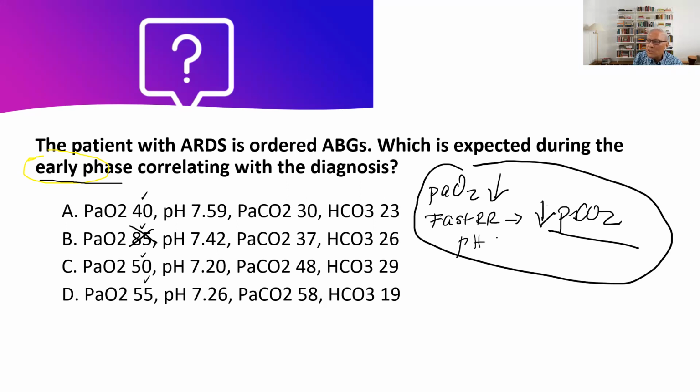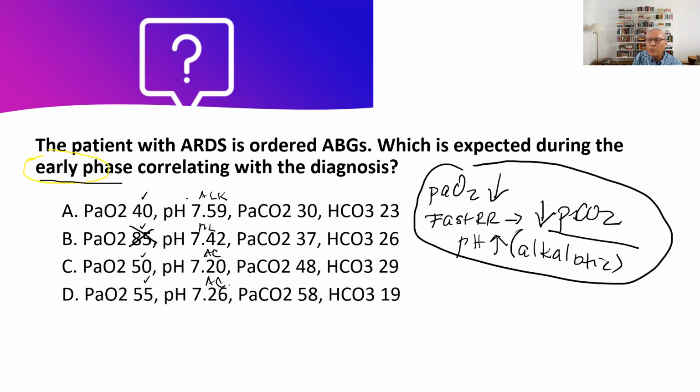Your pH is going to be high. It will be alkalotic. All right, a pH of 7.9 is alkalotic. A pH of 7.42 is normal, because you remember 7.35 to 7.45 is normal. 7.20 is acidic, and 7.26 is acidic.